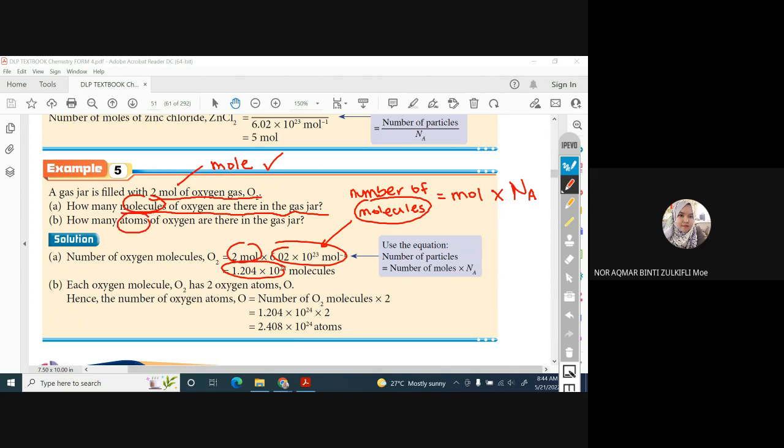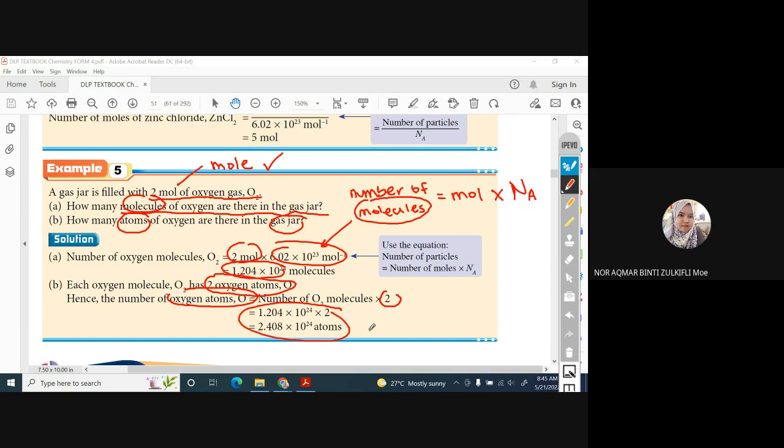Then B, how many atoms? They want atoms this time. How many atoms of oxygen are there in the gas jar? Since a molecule of oxygen is 2 oxygen atoms, and you want to know the atoms, you need to times 2.